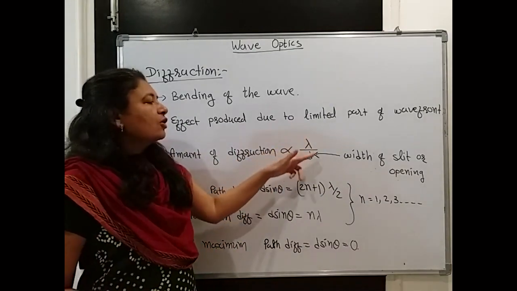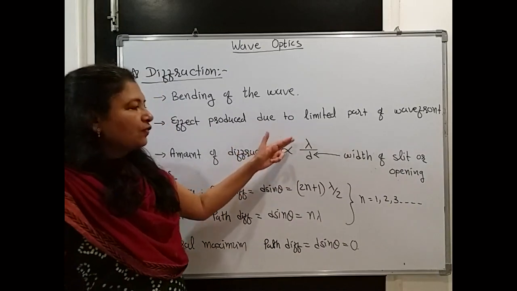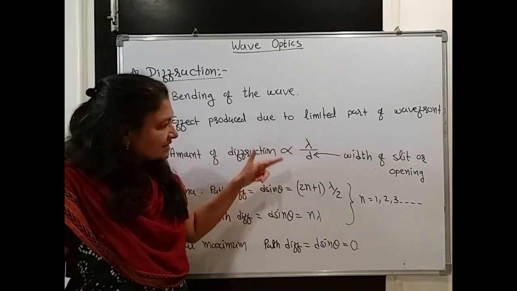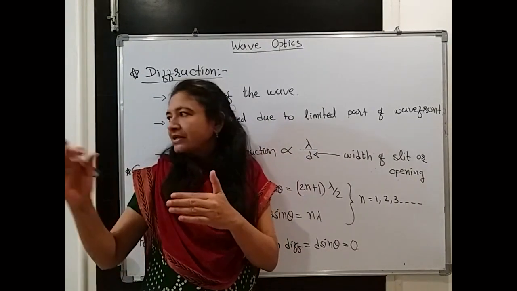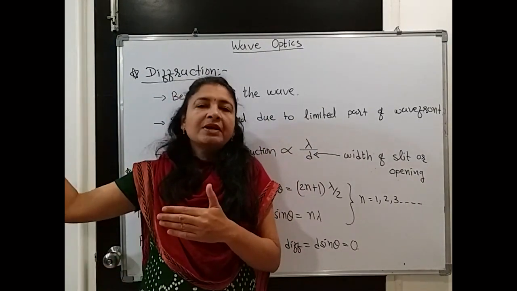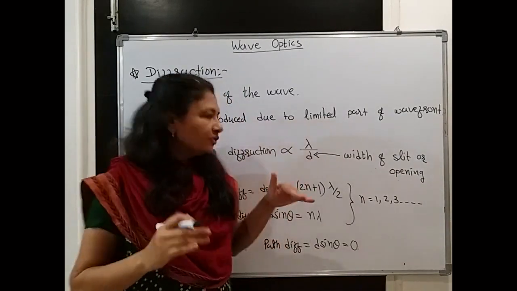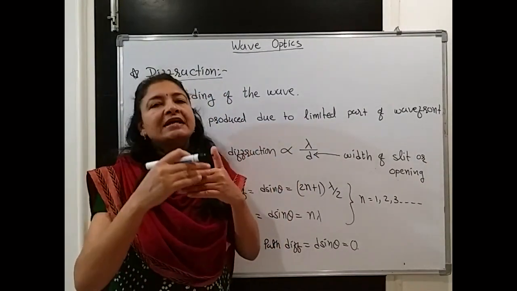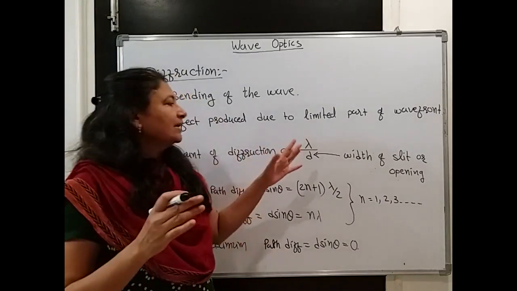So bending of sound wave is more compared to bending of the light wave, and this is the reason due to which we can hear the person who is outside the room, but we cannot see the person, because bending of the light is not there, we cannot see the face of that person.